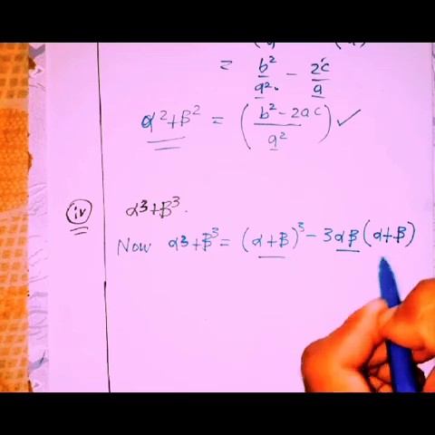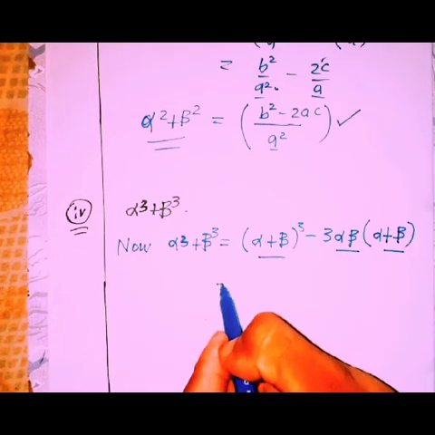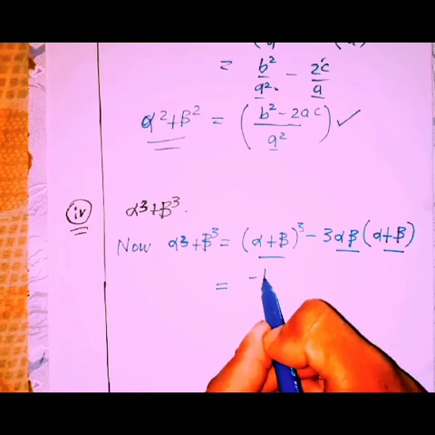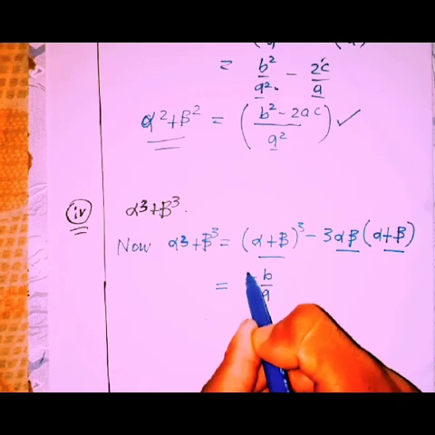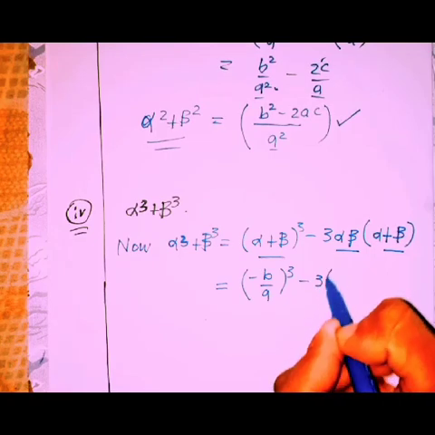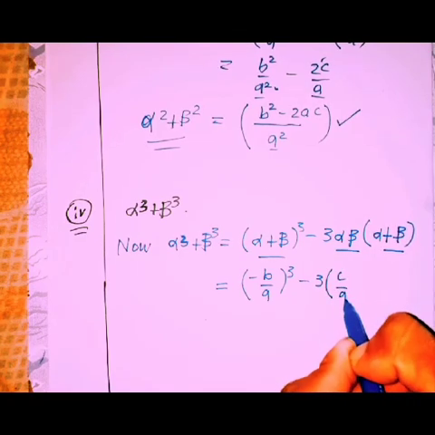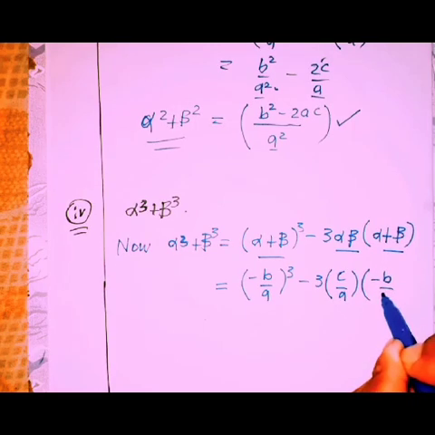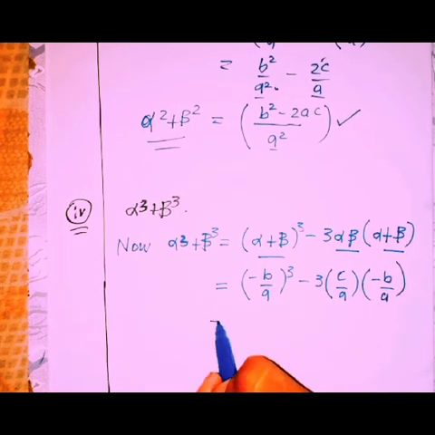Now here we simply put the values of alpha plus beta and alpha into beta. If we put the value of alpha plus beta, which is minus b divided by a, cubed, minus 3 into c divided by a into minus b divided by a.